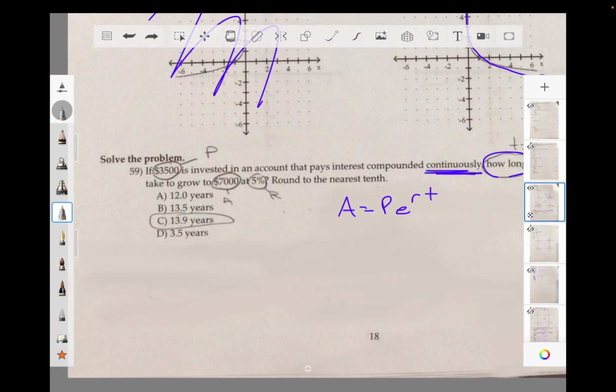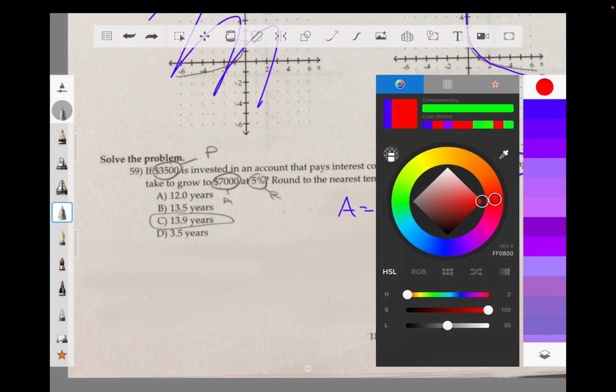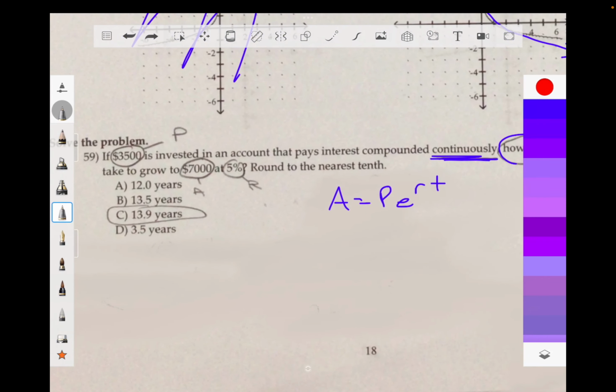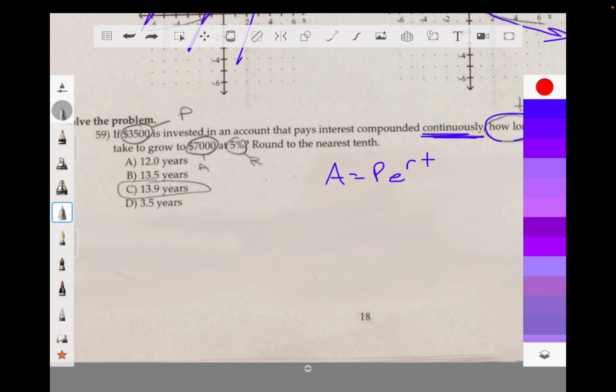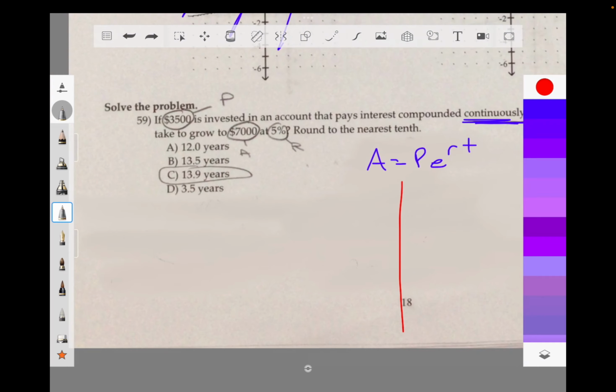So what we're going to do here, this is a log problem. I think it'd be better if you don't plug in the numbers now, simply because it's going to look a bit weird and a little longer horizontally if you plug in the numbers now.